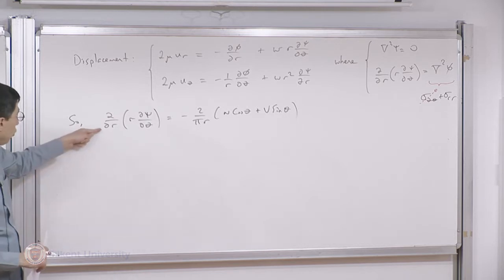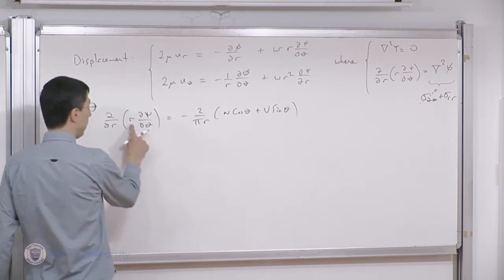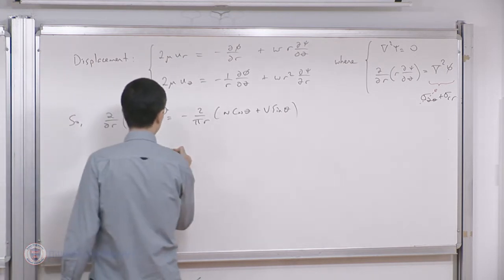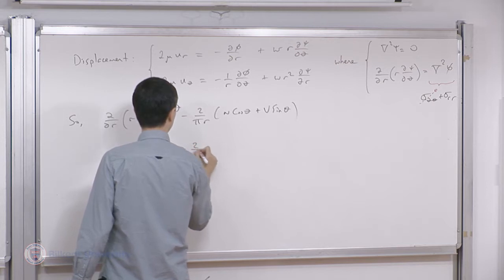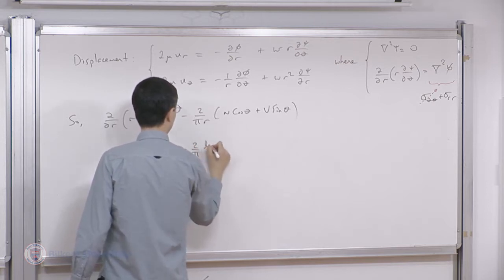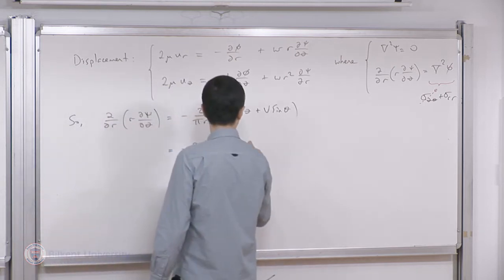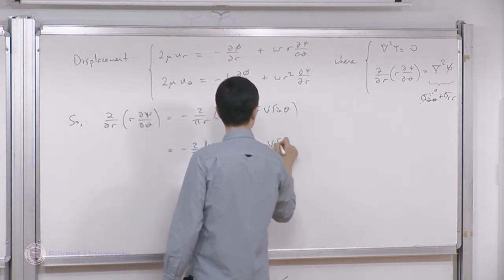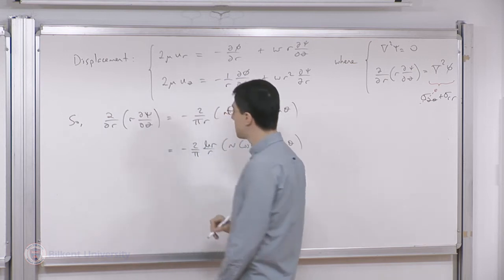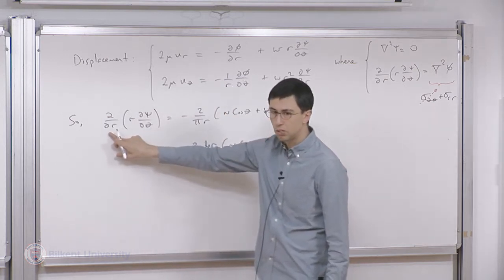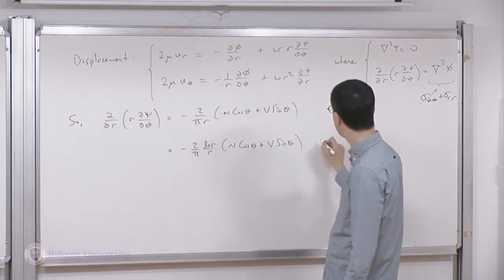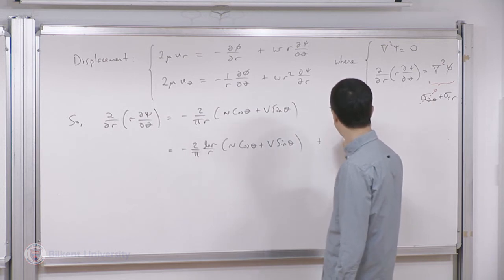Okay, so I'm going to integrate through r and then divide by r. So I will have minus 2 pi ln r, and then I'm dividing by r over r, cosine theta plus v sine theta. The derivative was with respect to r, so I could have here an arbitrary function f.